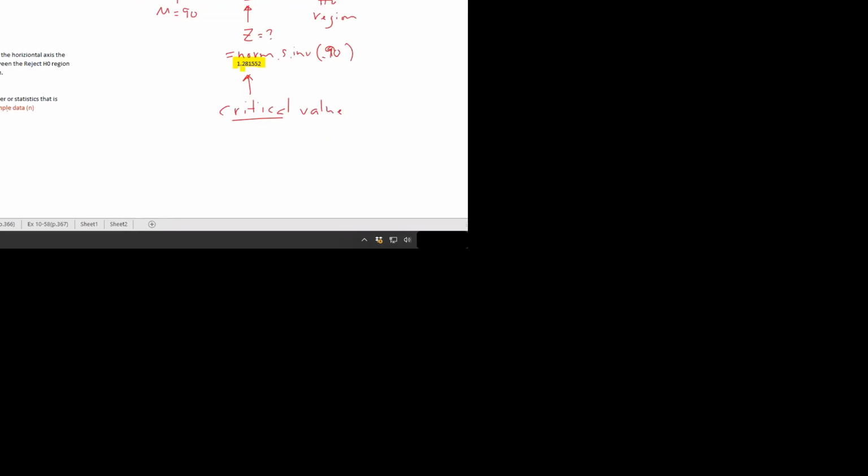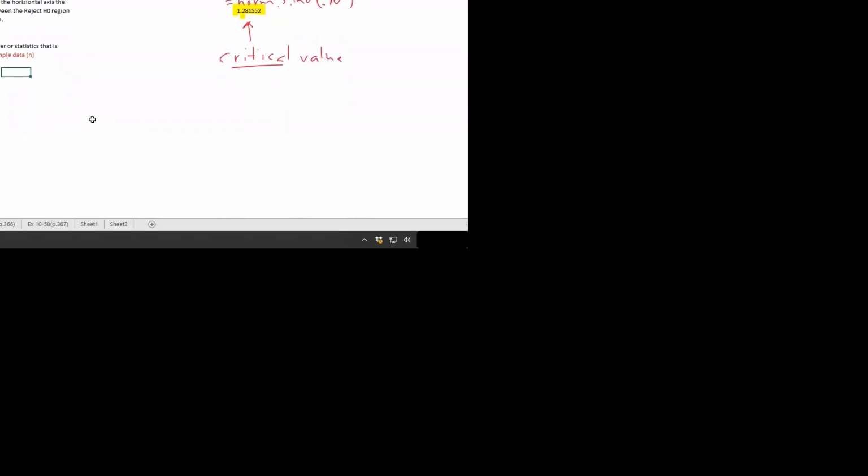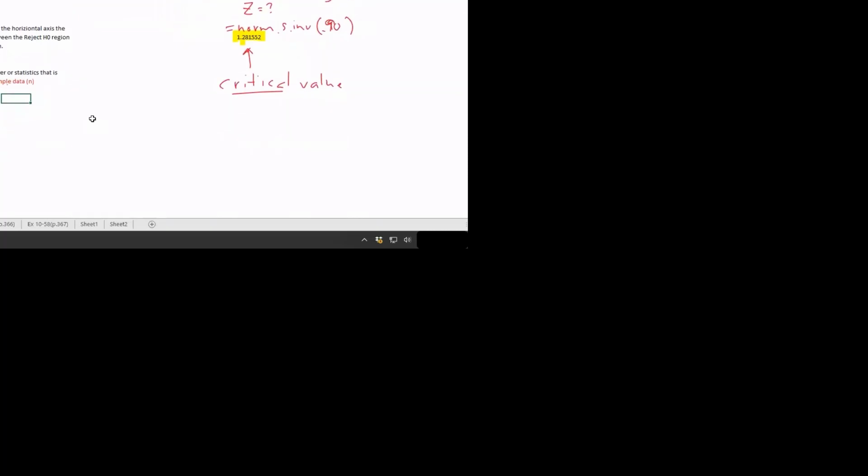We will reject H0 if the computed Z or the computed T is greater than the critical Z or critical T. Since we have a large enough sample, we can use the formula Z equals X bar minus mu over sigma over the square root of n.